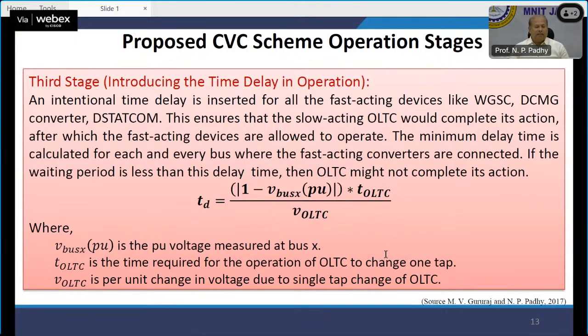If the waiting period is less than the delay time, the OLTC might not complete its action. This time delay is calculated based on the time required for the OLTC to change one step, because it's a physical system, from one step to the other it will take some milliseconds. And VOLTC is the per unit change in voltage due to a single step change of OLTC. All right.